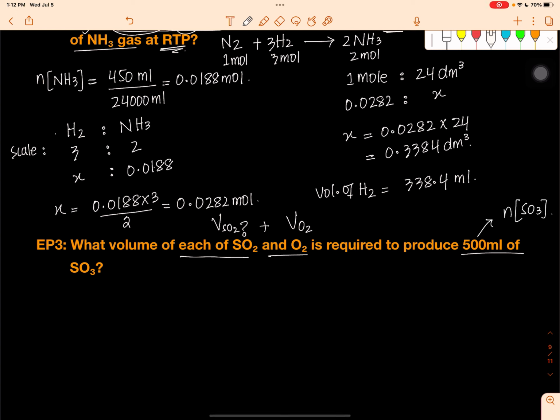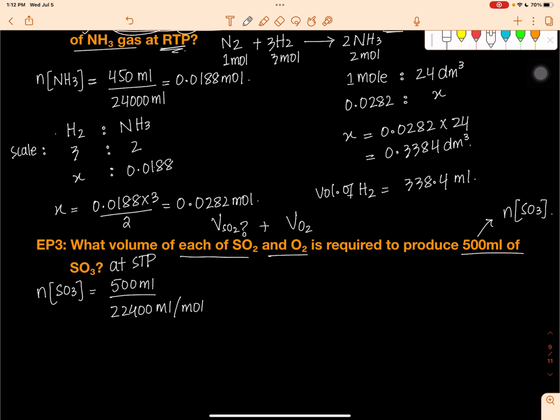So we have a formula here. Number of moles of sulfur trioxide is equal to the given volume, 500 mL, divided by the molar volume at STP, 22,400 mL per mole.